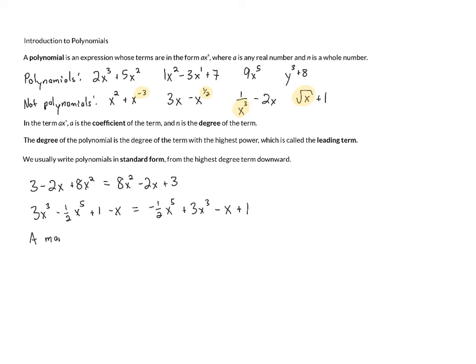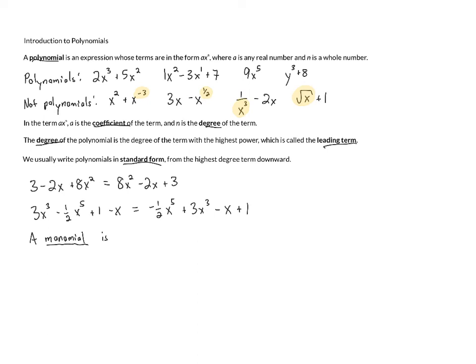A monomial. And when I write a definition, I can't write something in bold, so I will underline it. In fact, in your notes, you probably want to be underlining the words that you're defining. It's a good habit to get into.